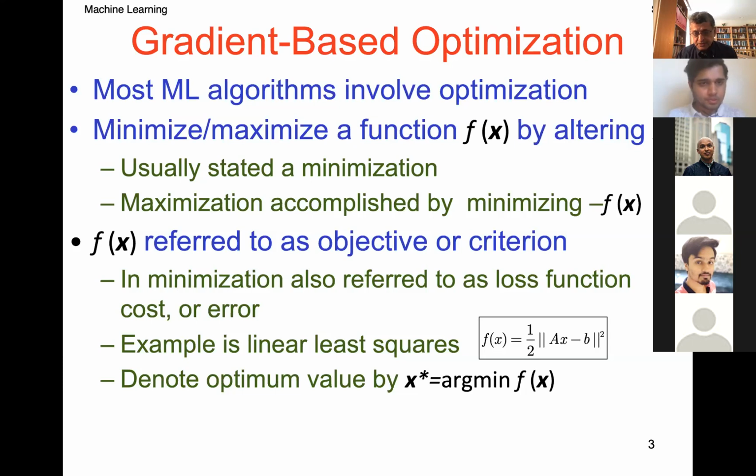We're using some kind of a function of x, some matrix times x is compared to b, which is the targets, and we make that as small as possible. We denote the optimum value by x star is equal to arg min f of x. That is, what value of x is going to make that as small as possible.